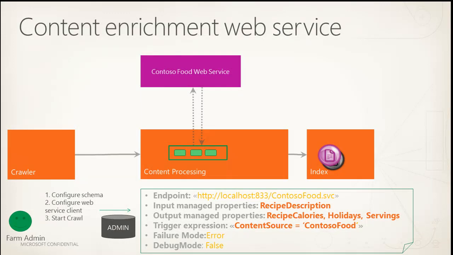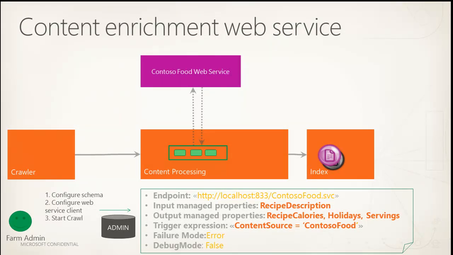But if you set it to be warning, the item will still get indexed, but it won't have the managed properties that come from the web service. So this lets you decide whether the web service callout is mission critical. Do you actually want to not index the document if it's not working, or is it okay, optional if it's there or not? And finally, the debug mode is something that you'll use when you're doing development.